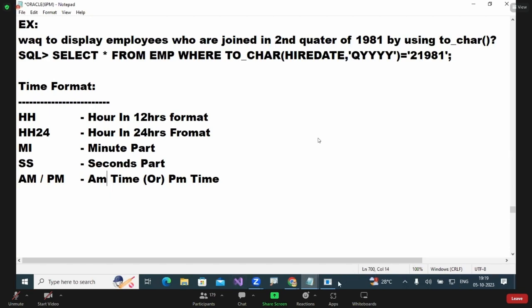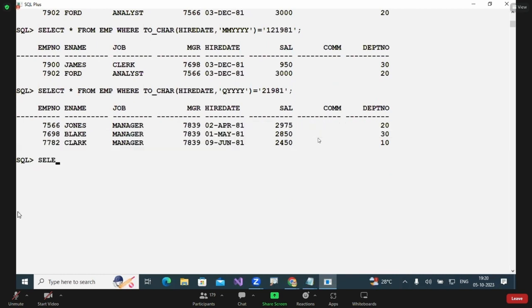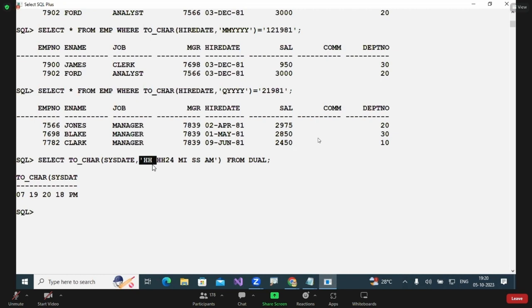These intervals work the same way. So select 2_char of sysdate with HH, HH24, MI, SS, and I'm keeping AM. Let's see what happens. HH, the 12-hour format, shows 7. The 24-hour format shows 19. Then the minutes and seconds. I gave AM, but it is showing PM.